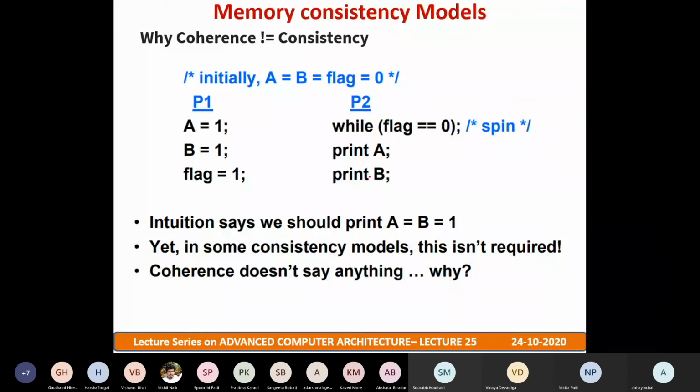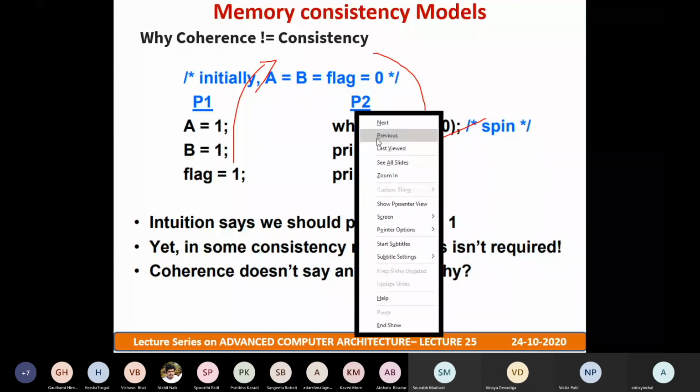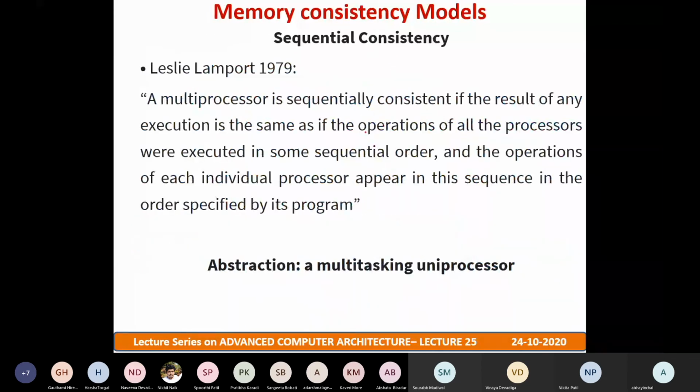Coherence doesn't say anything because coherence is only concerned about storing this into this. It doesn't tell whether that updated version is to be brought to the other processors. In order to solve this, we have come across different consistency models.